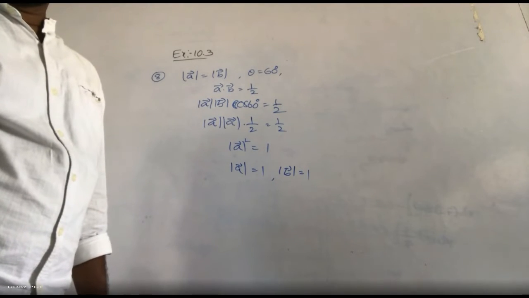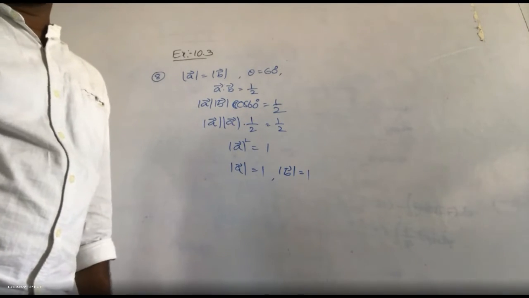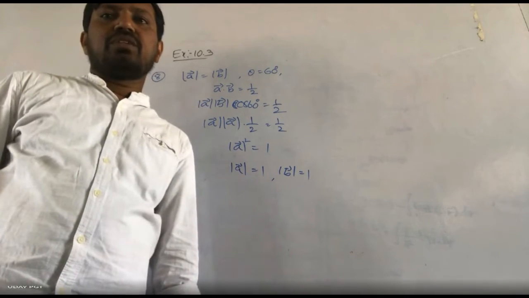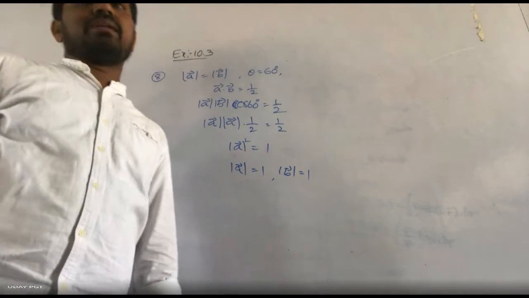So the 11th and 12th questions are all simple questions; you can do them. In the 12th question, see here: A bar dot A bar equals 0 and A bar dot B bar equals 0. What can you conclude about B bar?